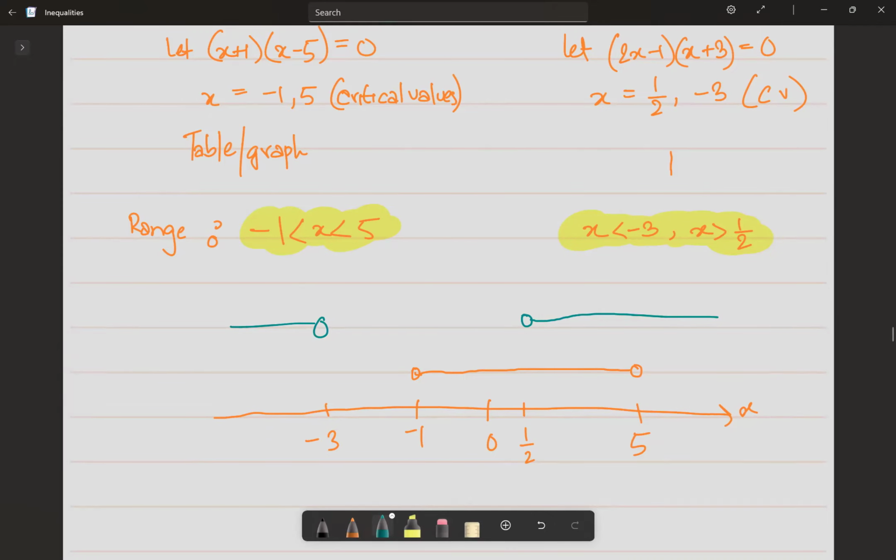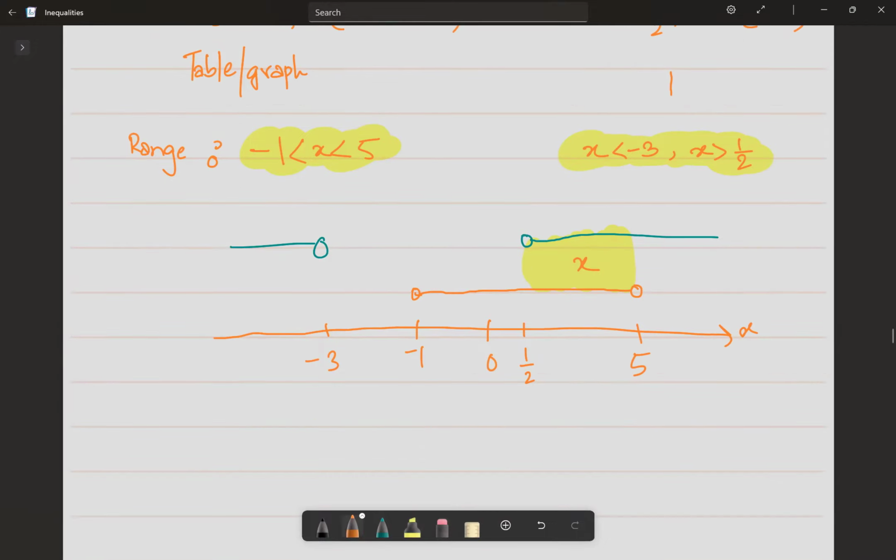Now, if we want to take a look at the common region, our common region is the overlapping region, or the region in between two lines. So this is our overlapping region, and we can say that our value of x lies in between these two lines. The two points that we should consider are half and 5.